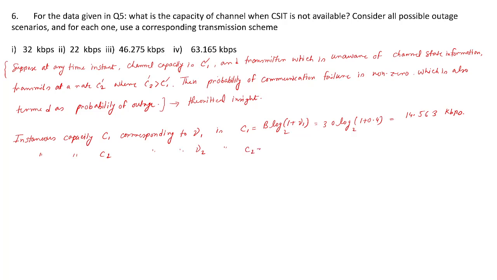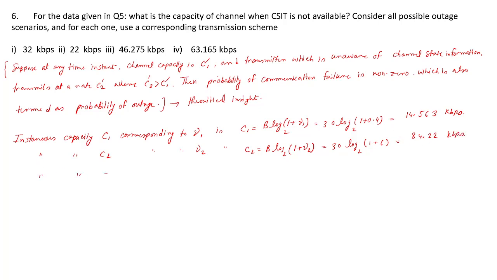This C2 we obtain as B times log base 2 of 1 plus gamma 2, that is 30 times log base 2 of 1 plus 6. This comes out to be 84.22 kbps.